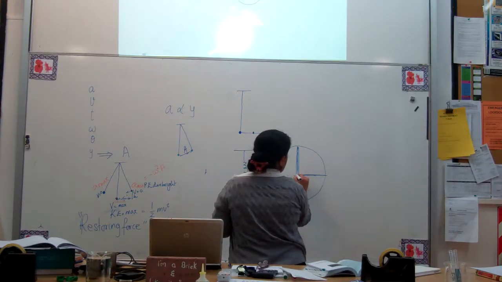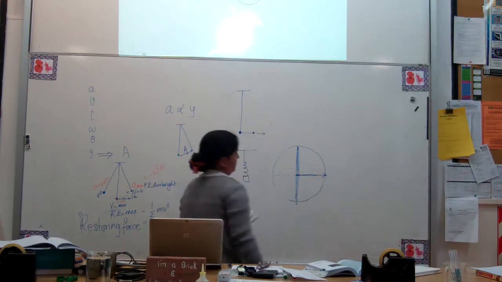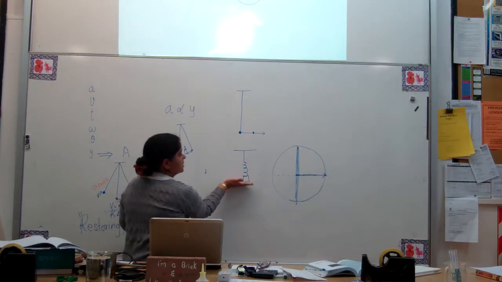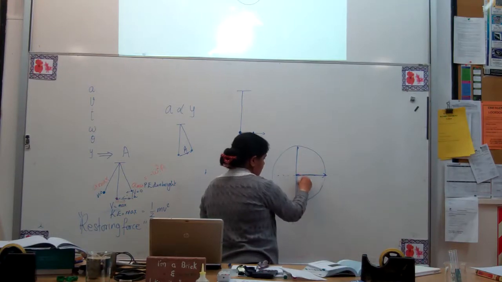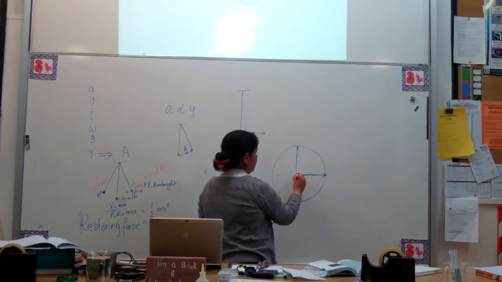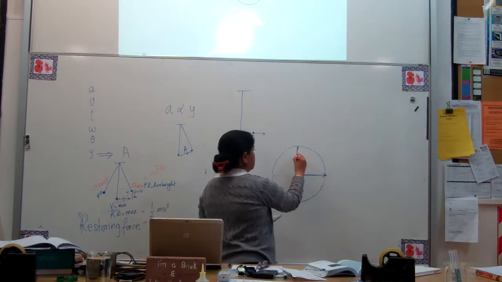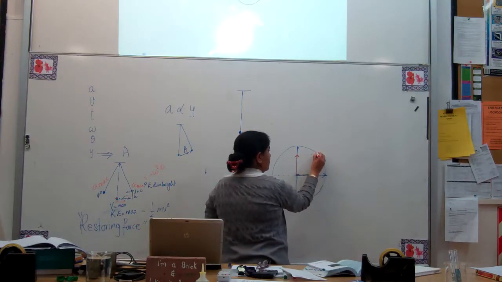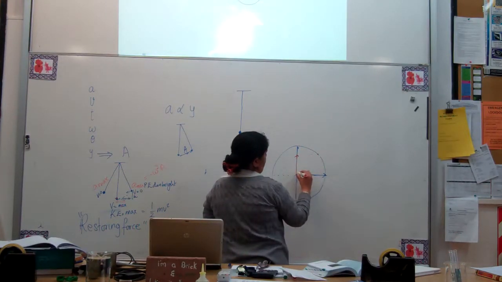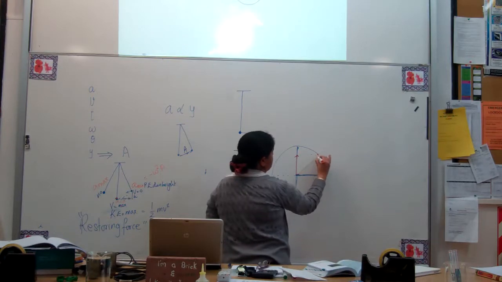So starting at equilibrium, you start from here. Now the spring is compressed, and the spring has actually gone till there. Where are you on the reference circle? In order to decide that, go here, and the angle covered is this.